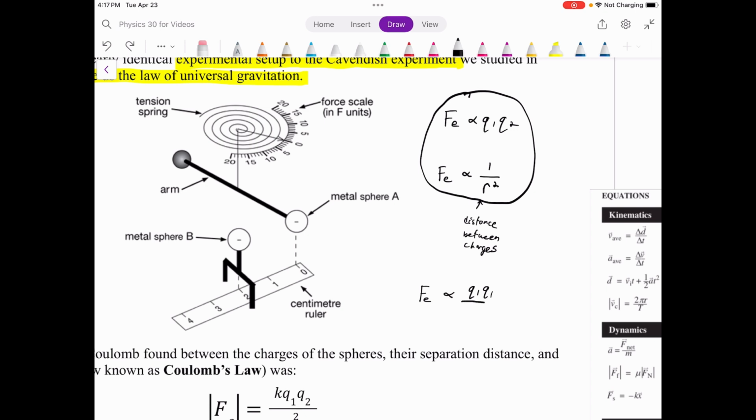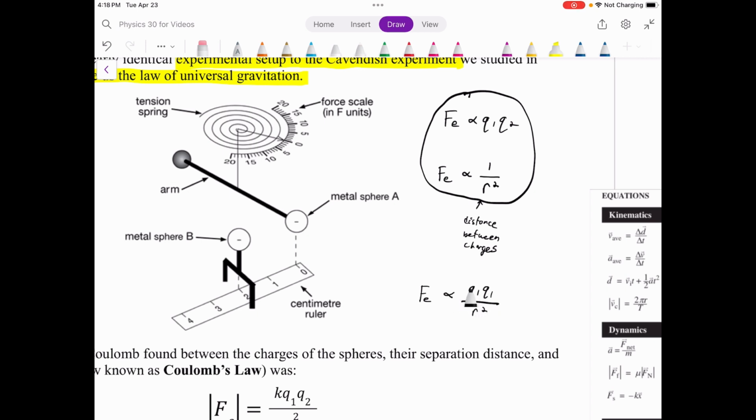But it's also inversely proportional to the separation distance squared, right? Making the distance between them larger will make this smaller. And not only will it make it smaller, it'll make it smaller by a factor of however we change the distance squared, right? Tripling this will actually divide this by 9, okay? Now, this, once again, is not an equal sign, right? But this is actually the relationship.